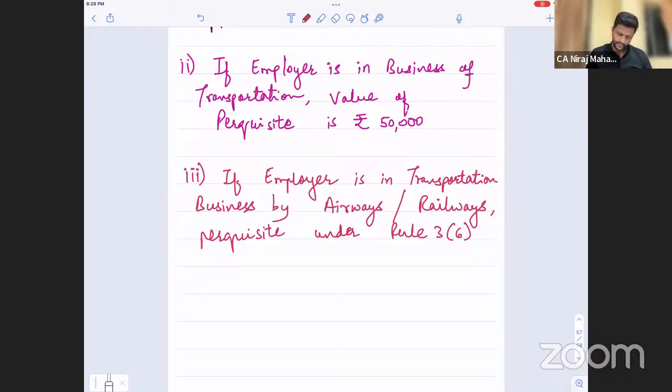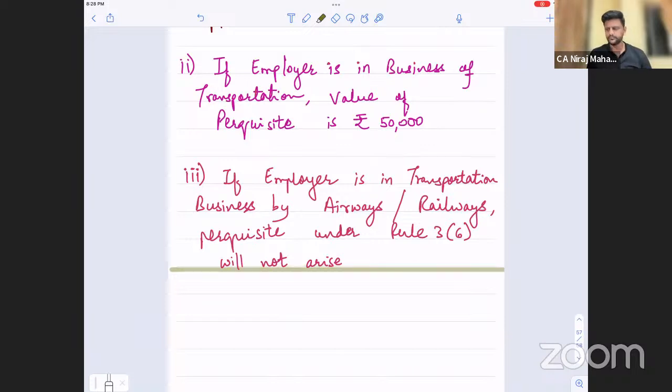It will not arise. It is not a perquisite.